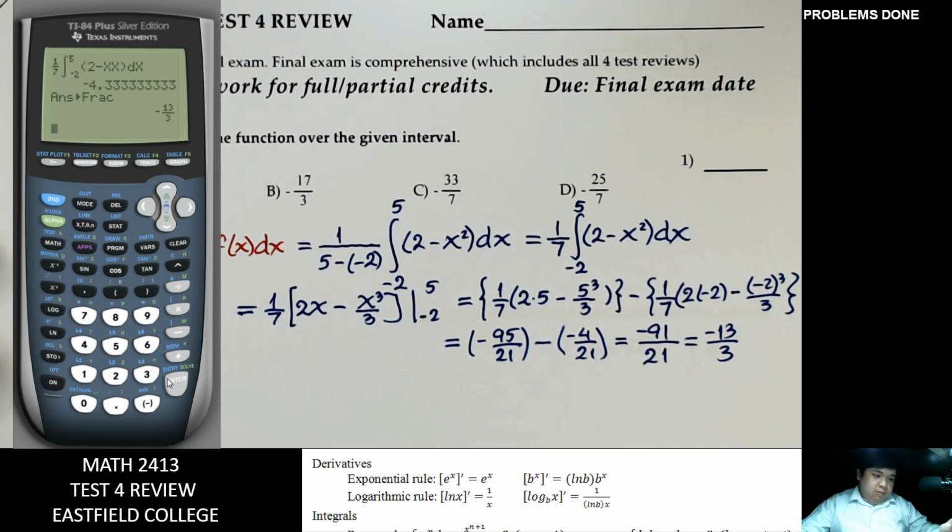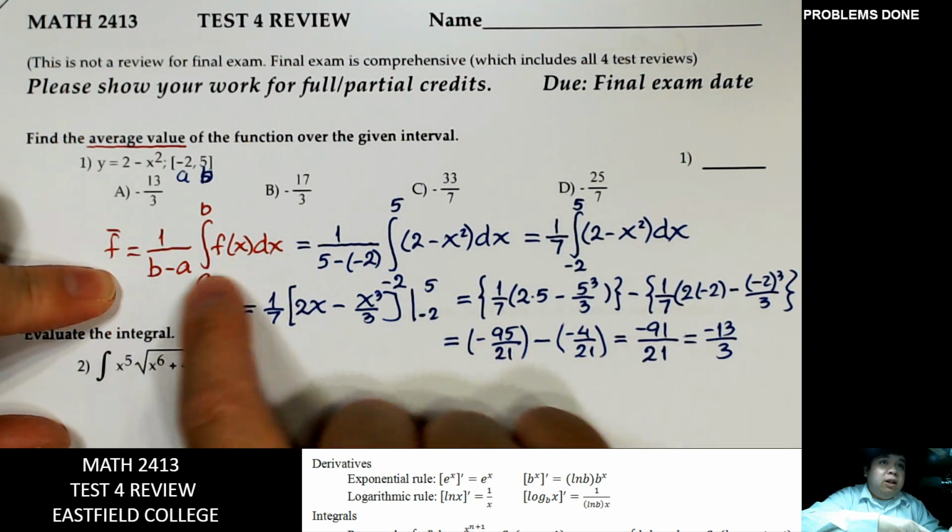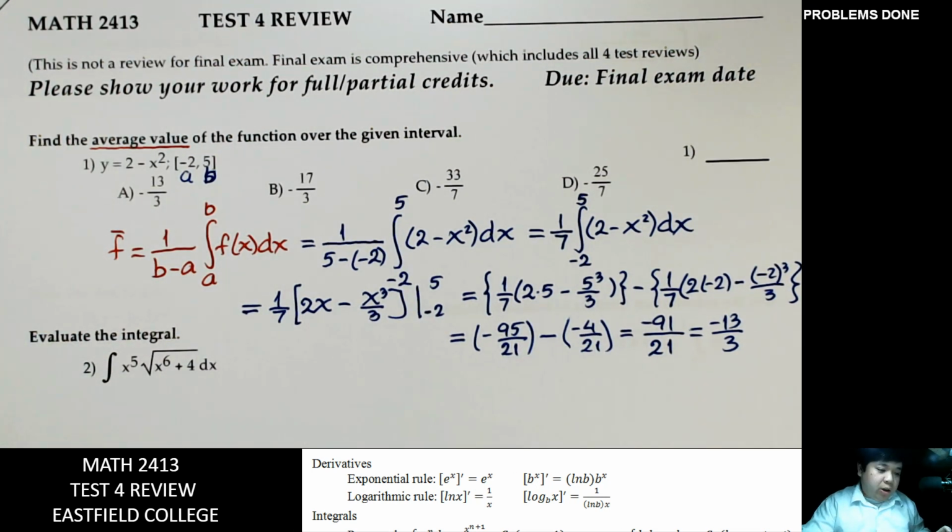So that average value of a function will be this formula, and we just do the integral pretty much.